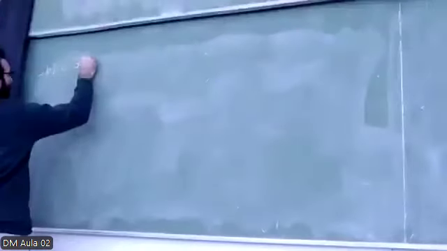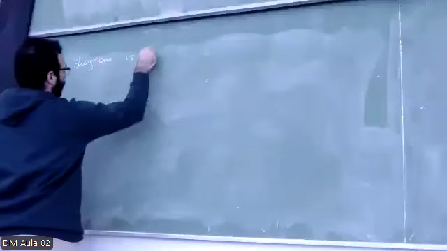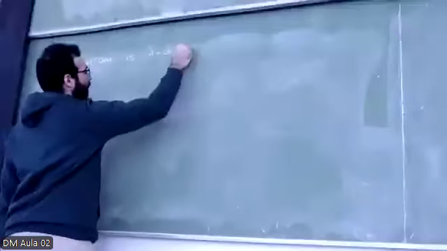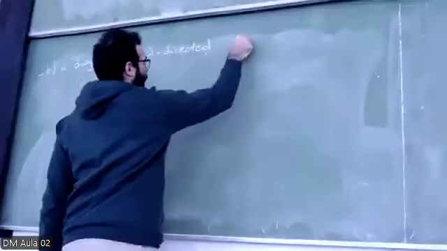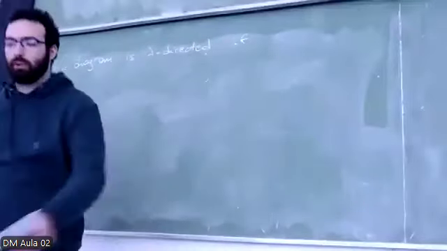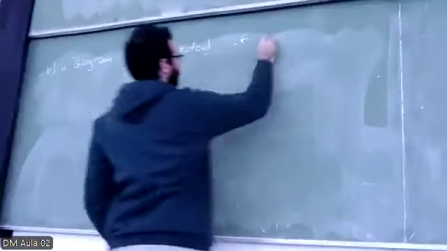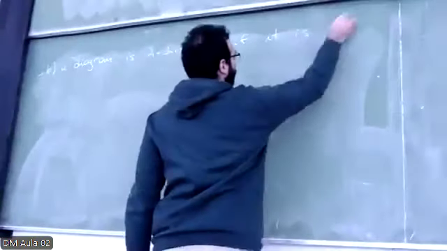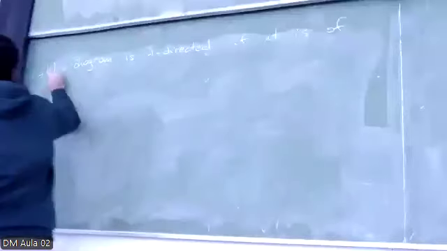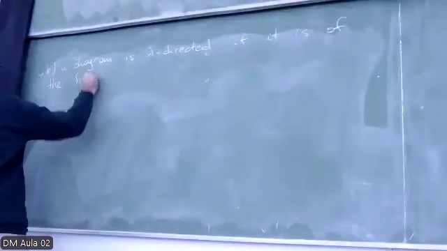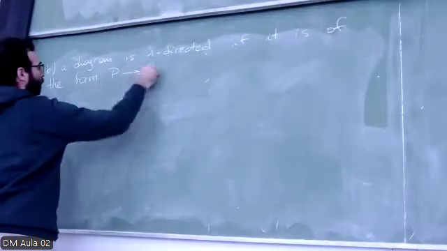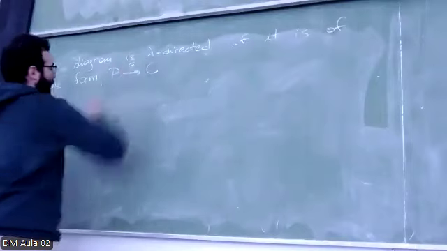So a diagram is lambda directed if it is indexed by a lambda directed poset. Okay. Yeah, by a diagram, I just mean a functor.